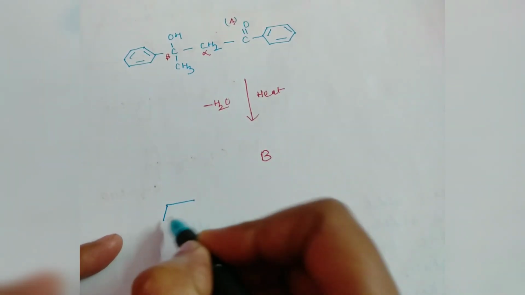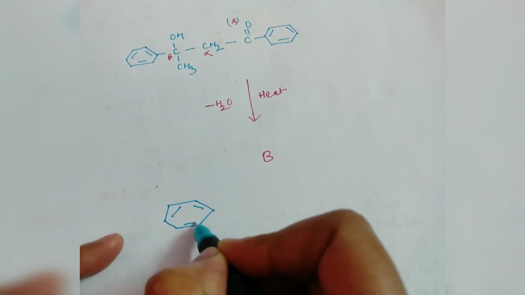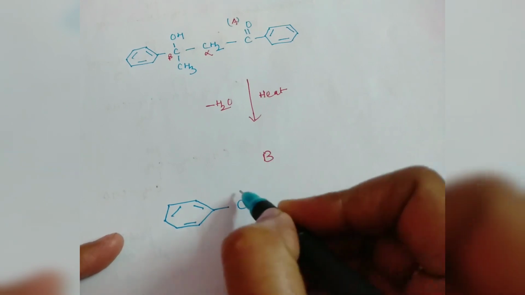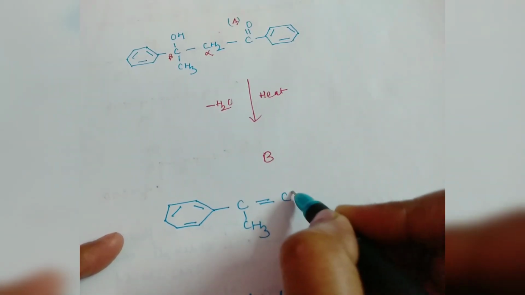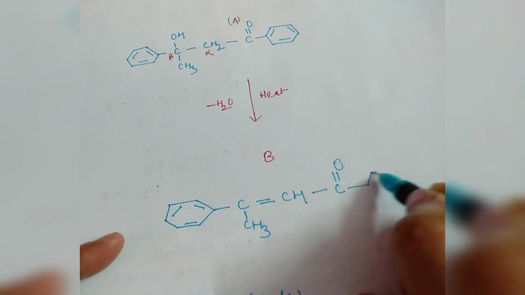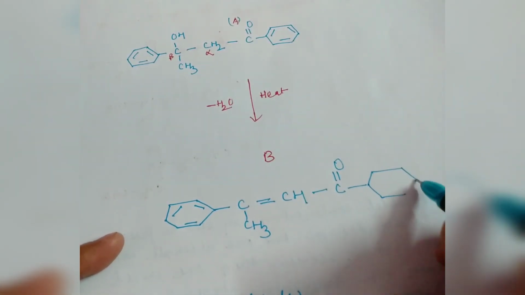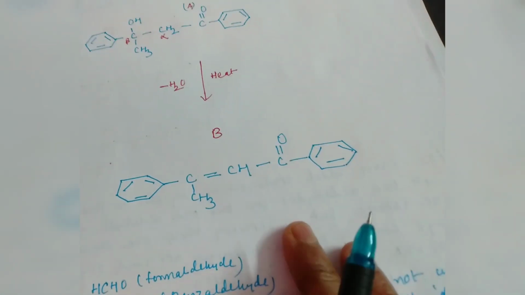It becomes C single bond CH3 double bond CH double bond. Okay, so this is your B product.